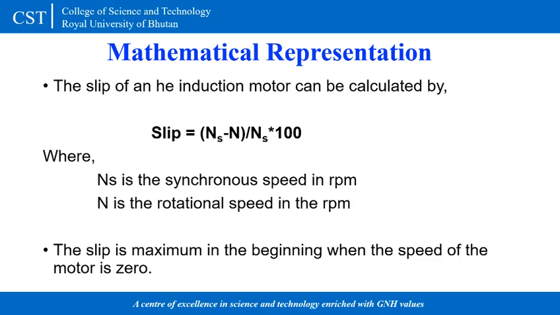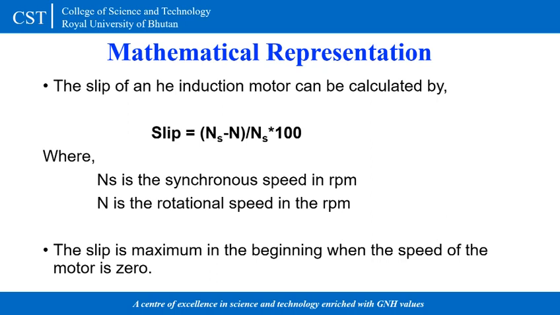If you are given the value in rotations per second, then we have to convert Ns from rotations per minute into rps. That is given by Ns divided by 60, because whenever we convert minutes into seconds, we divide by 60, as there are 60 seconds in a minute.